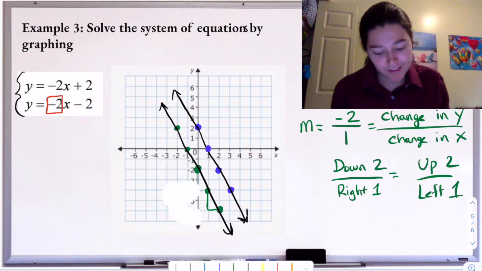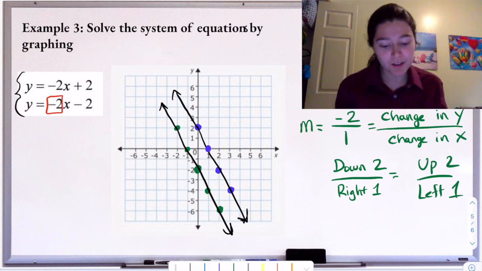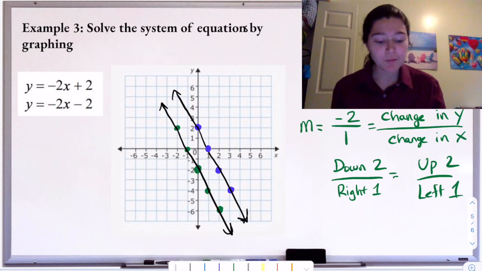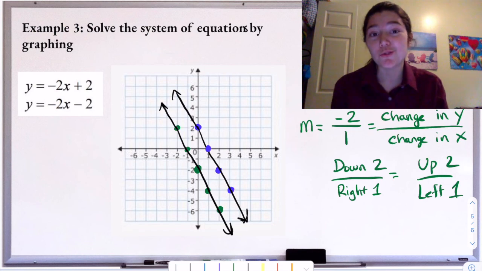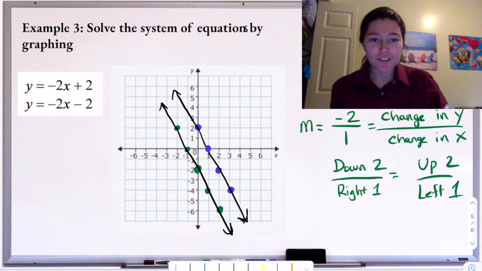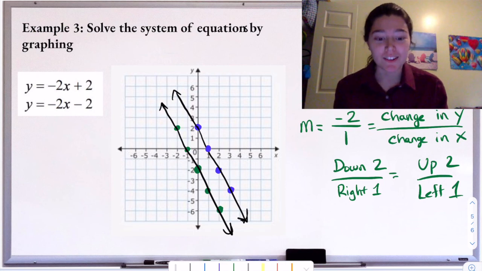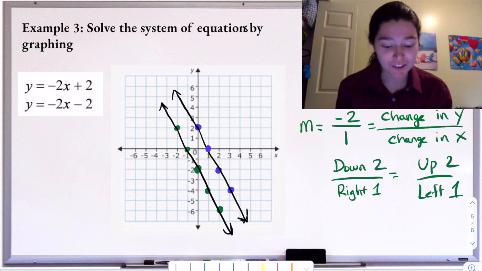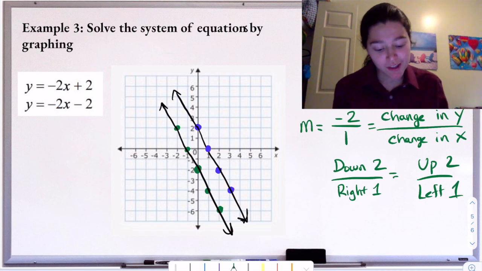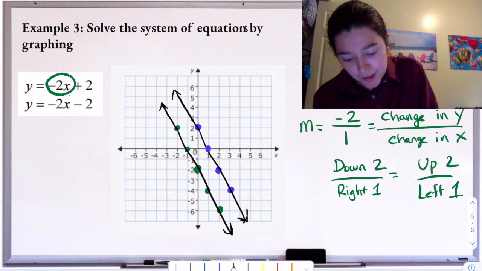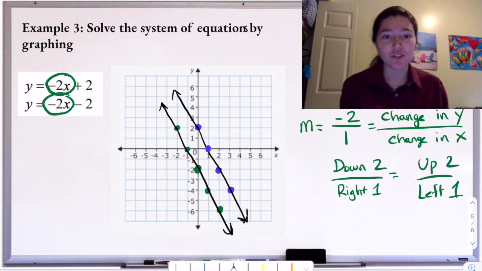Now it would be slightly easier to tell if I had a ruler, but once I'm looking at this, I should see that my lines do not intersect. They're never going to intersect. What do we call those lines? Perfect, parallel lines. These are parallel lines that are never going to intersect, and I know that because they have the same slope of negative 2.